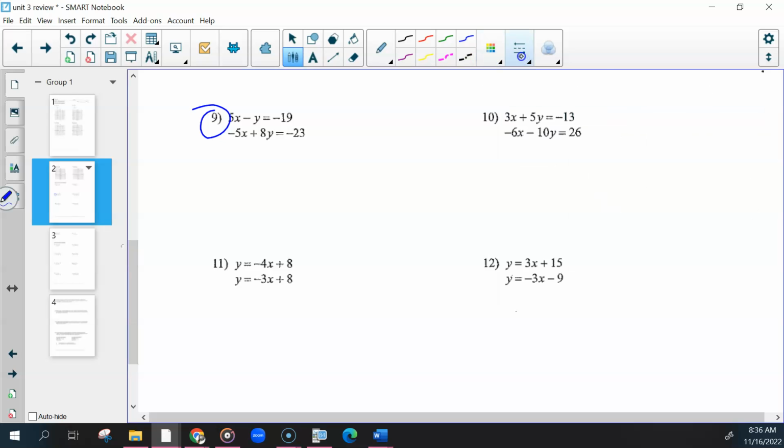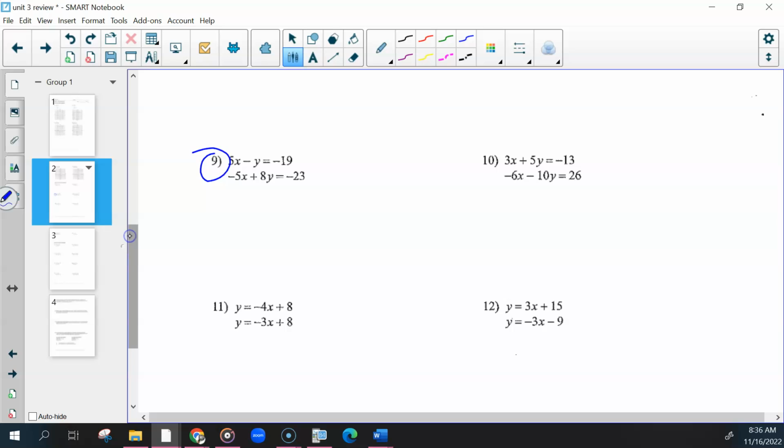So for this number 9, you are solving by substitution. Look for one of the variables that's either almost by itself or has a negative. Solve for that variable because you won't have fractions. So I'm going to subtract 5x to the other side.